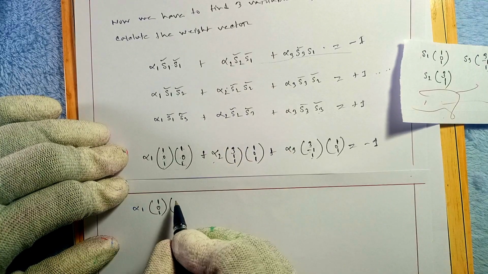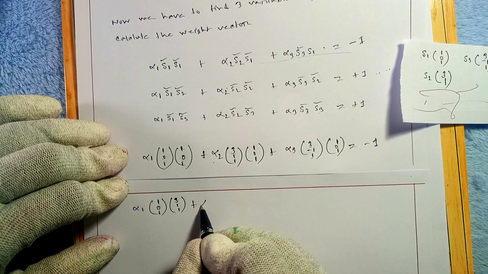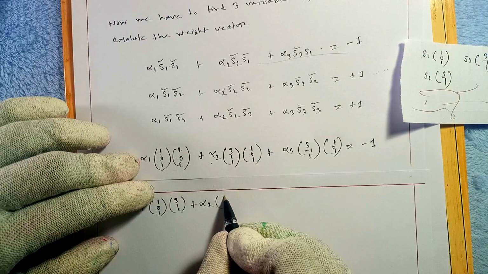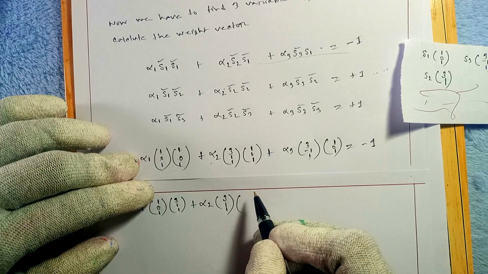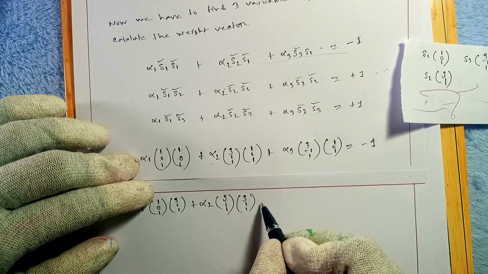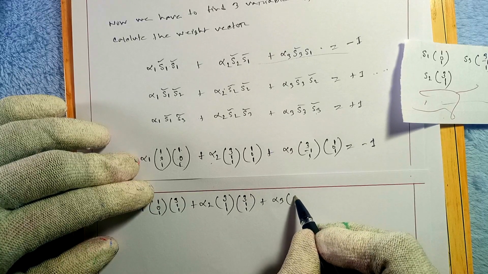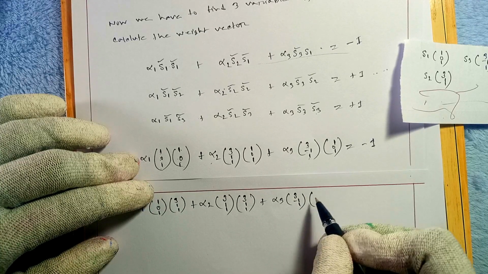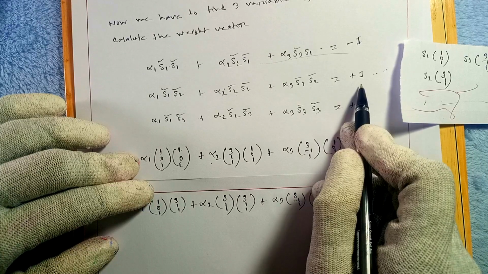Then the value for s2 is 3 1 1, plus alpha 2, value of s2 is 3 1 1, plus alpha 3. Value of s3 is 3 minus 1 1, and s2 is 3 1 1, and this value is plus 1.